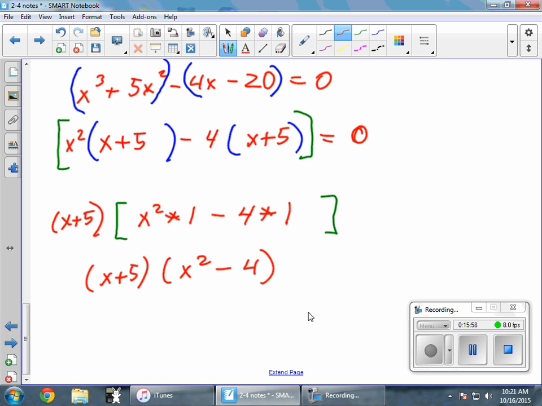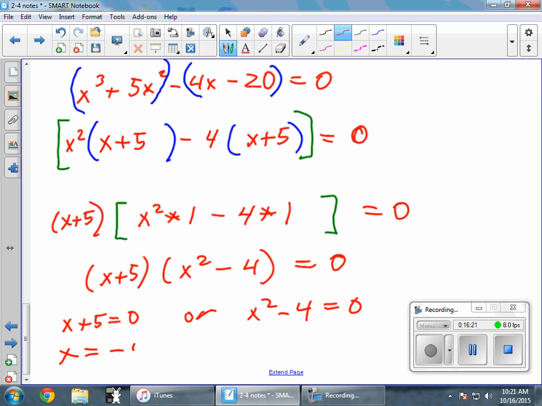And don't forget it equals 0. So now what can I say, Kevin? Yeah, or. So I can have x plus 5 equals 0 or x squared minus 4 equals 0. And that means x equals negative 5.